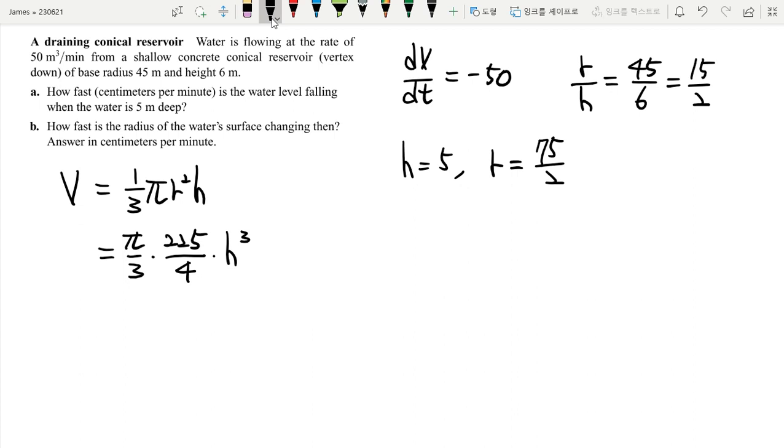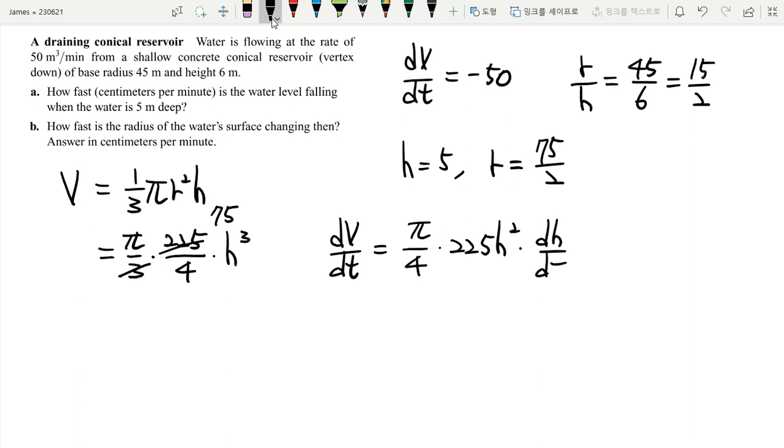So if we differentiate this equation, dV over dt is, and then this dV over dt is minus 50.